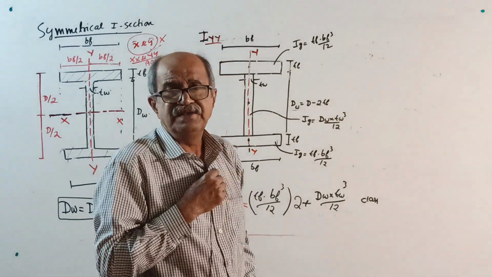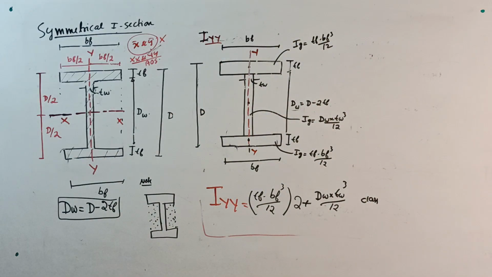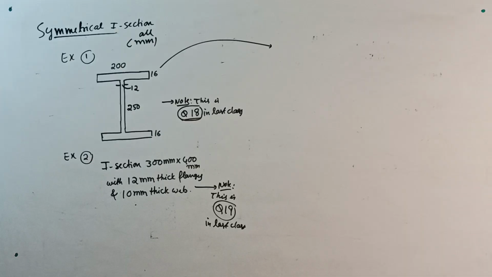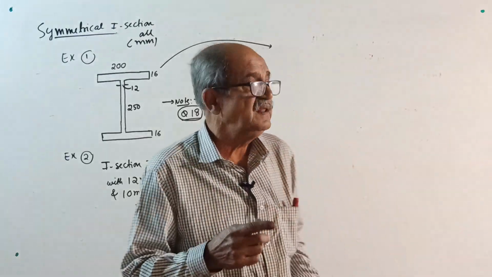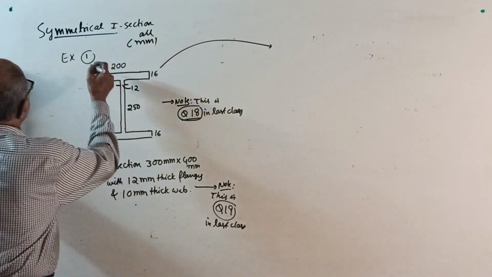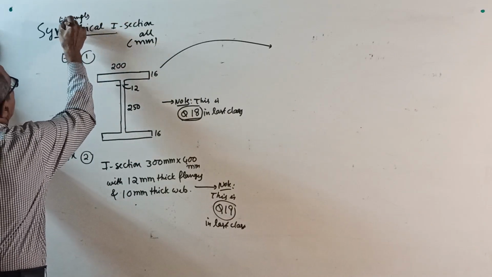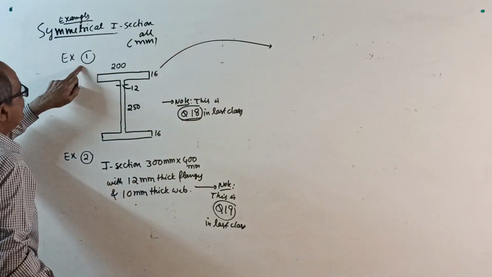Now, I will give examples for the symmetrical I-section, then the unsymmetrical I-section. Example 1.